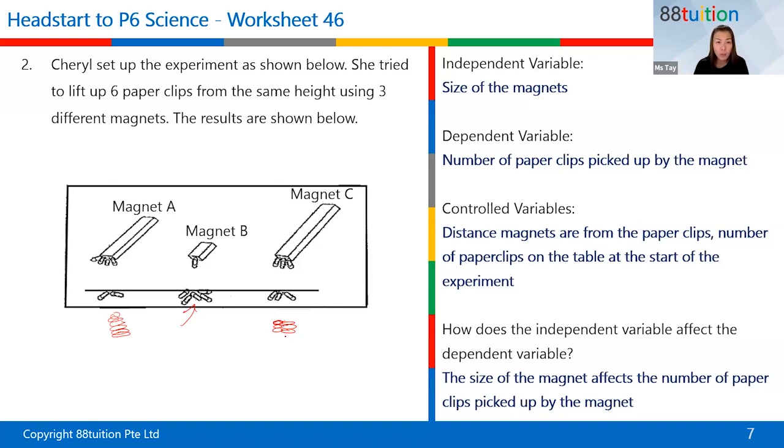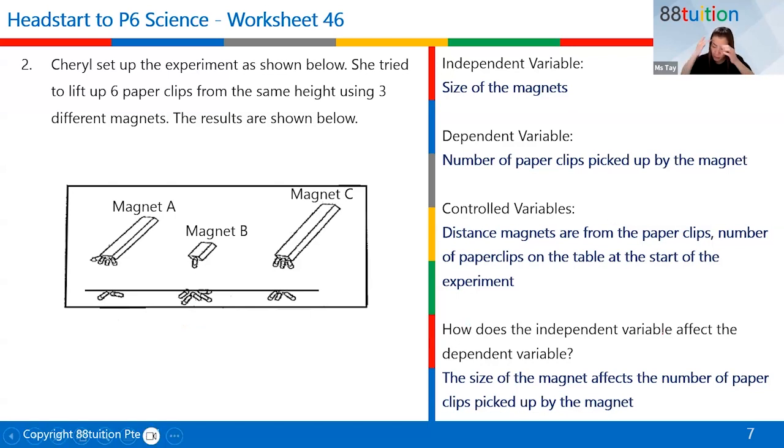So if you want the arrangement of the paper clips to be in a certain manner, that can also count. Because if you stack the paper clips on top of each other, the one right at the top is very, very close to the magnet. Agree or not? So it can be easily attracted. So these are some of the things that we can think about.